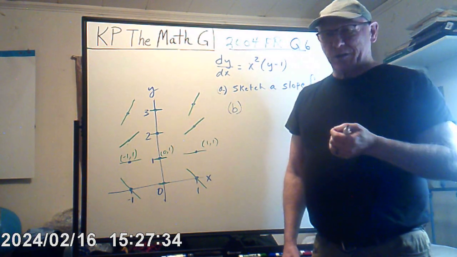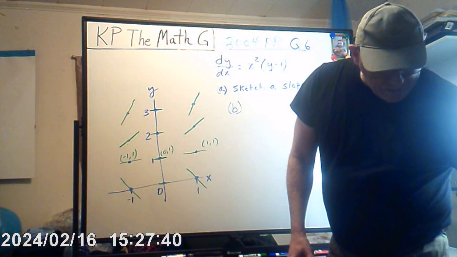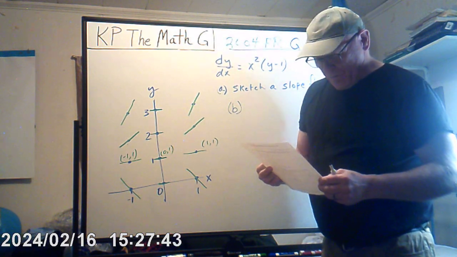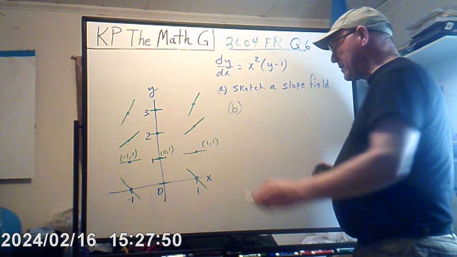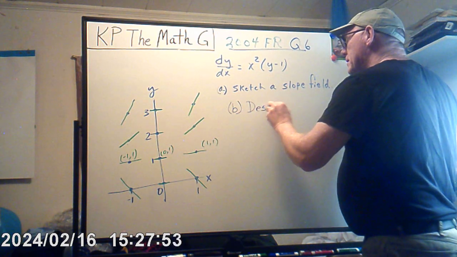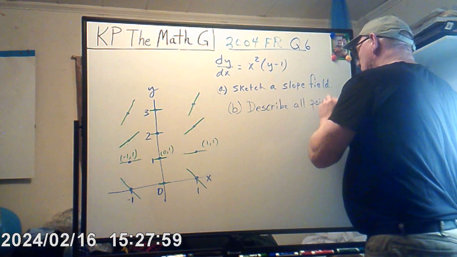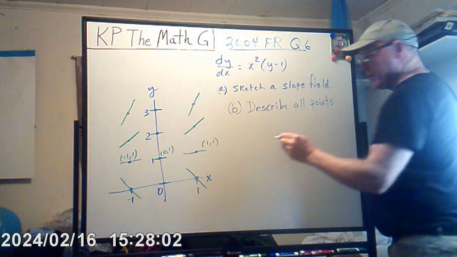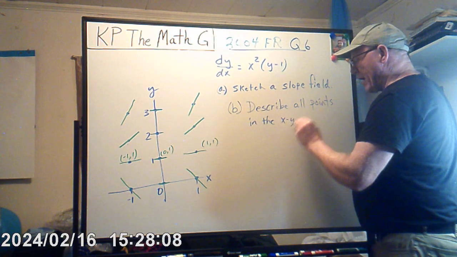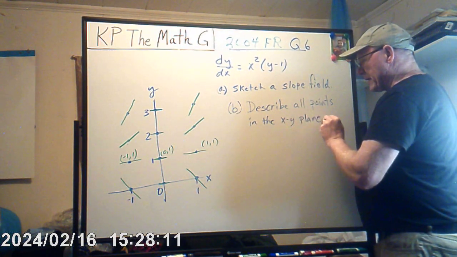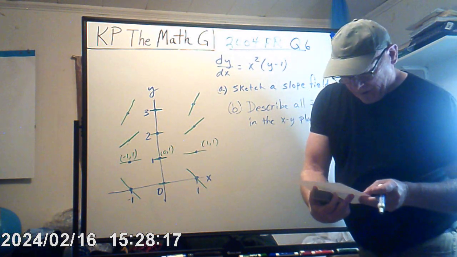C is a little bit longer, so I may just do A and B. It says describe all points in the XY plane where the slopes are positive. Let me scoot over where you can see.